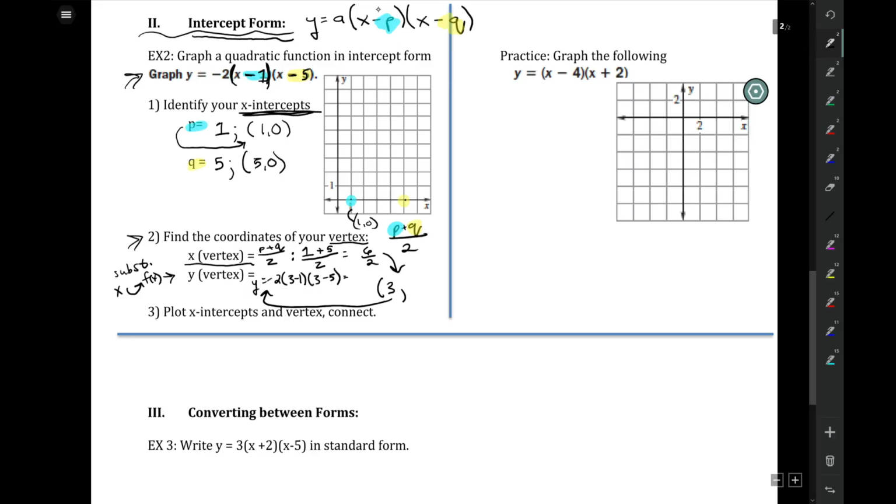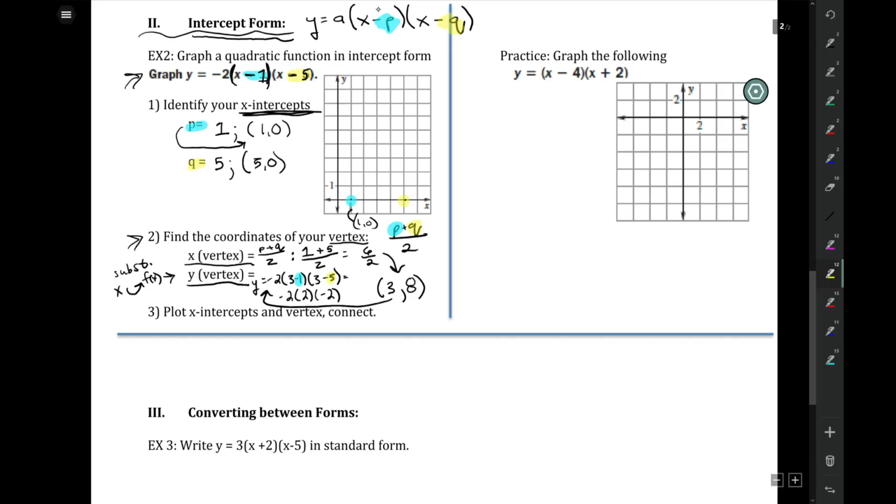If you do all this carefully, you have -2 times 2 times -2, you get 8 as your y of the vertex. P plus Q all over 2, that's where all of this has come from.